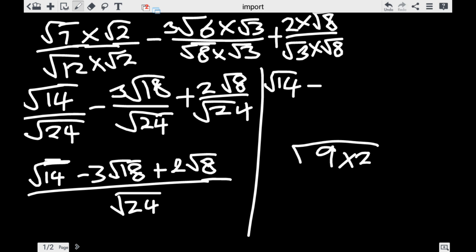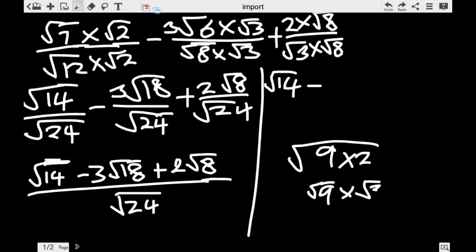So those are the two possible numbers into which this root 18 can be broken. And we know that root of 9 times 2 is the same thing as root 9 times root 2. If you want to, you can give them a separate symbol. If you want your work to be fast, just do it without giving any symbol.